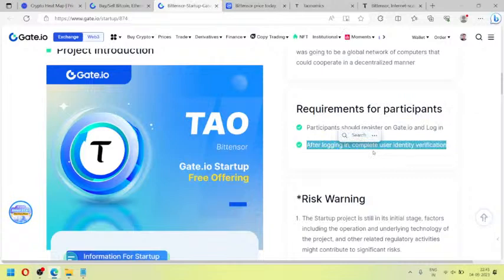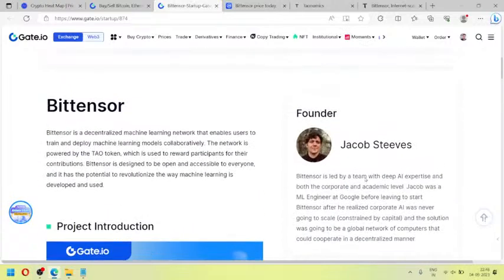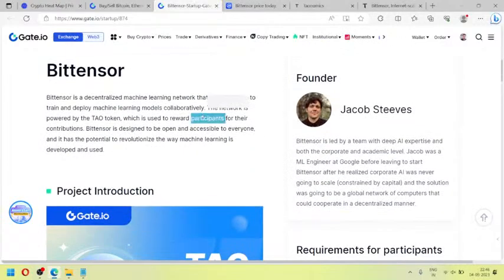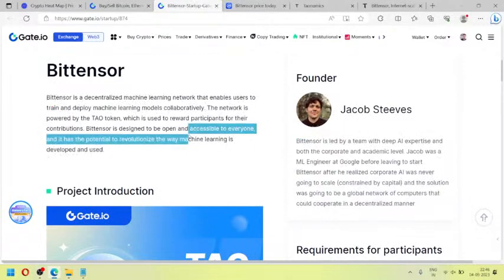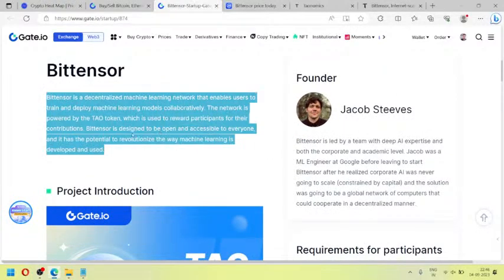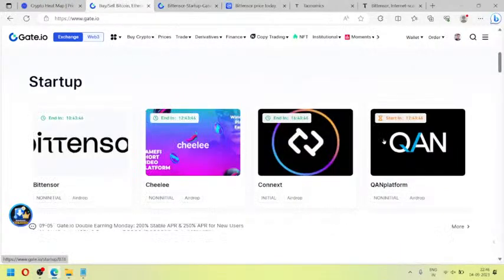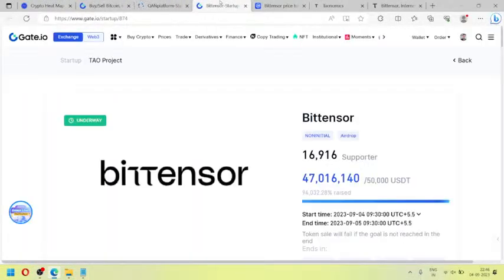After login, complete user identity verification, and after that you can participate. You have to hold 10 USDT in your account. If you are a non-VIP user, you need a minimum of 10 USDT in your account, then only will you get startup rewards for new users and non-VIP users.